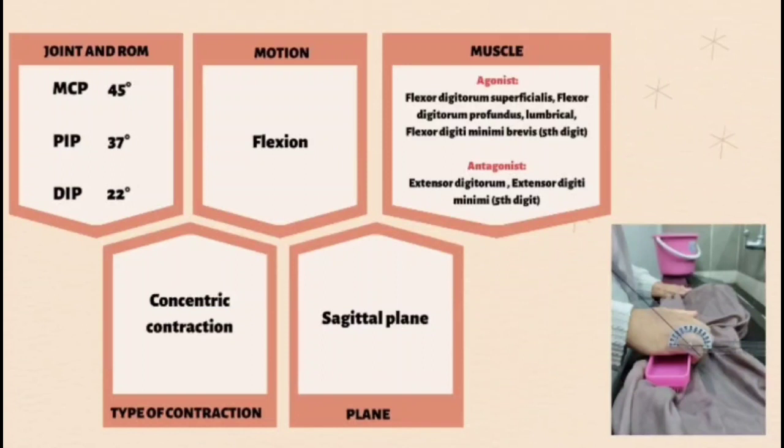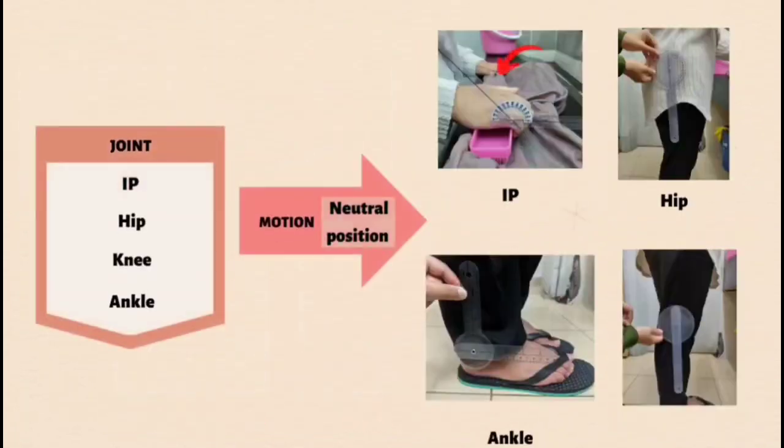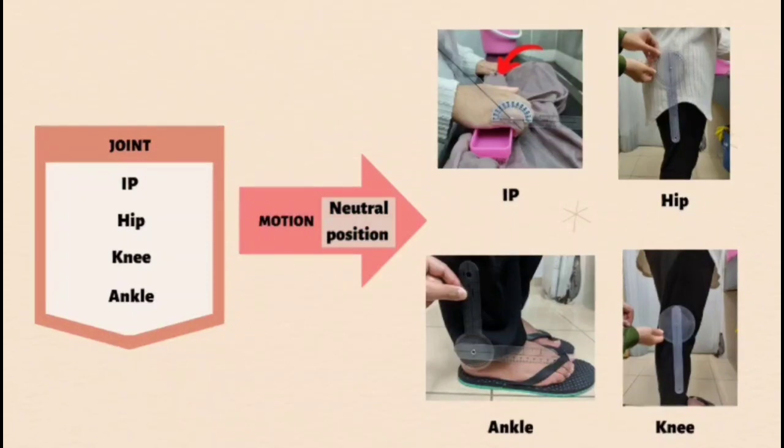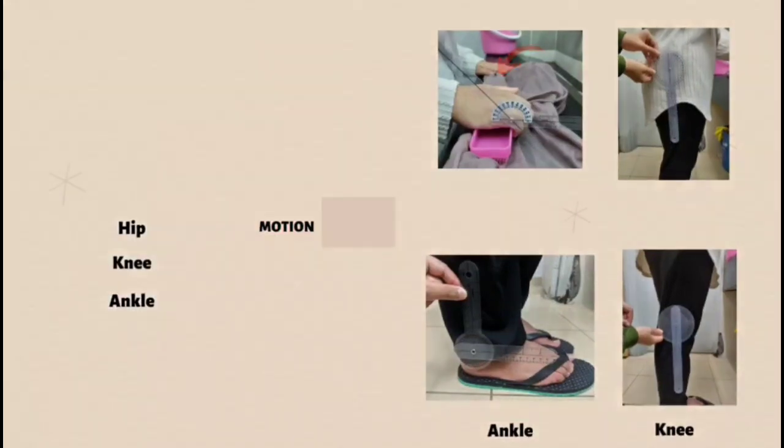The flexion of the PIP joint at 37 degrees. The flexion of the DIP joint at 22 degrees. The interphalangeal, hip, knee, and ankle joints are in neutral position.